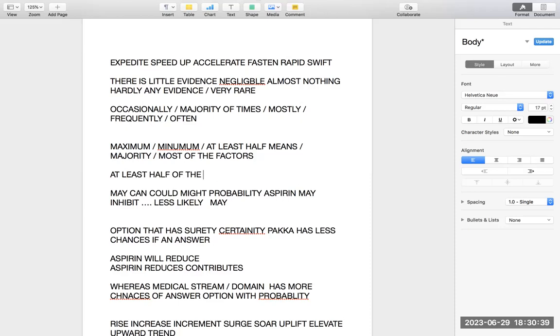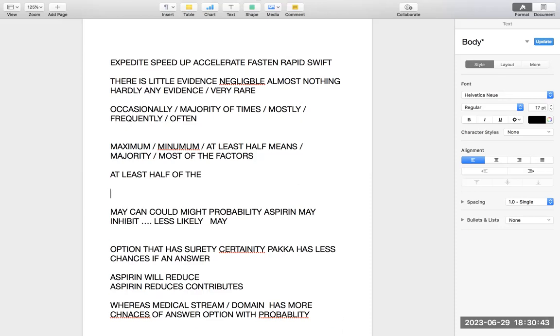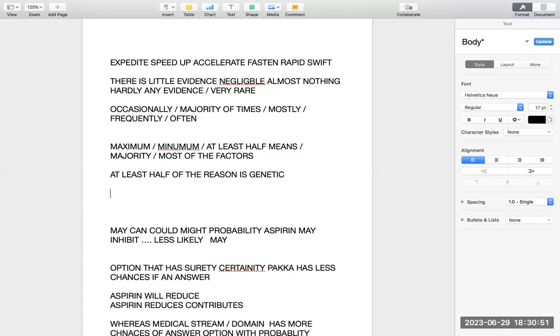The line given was, at least half of the reason is genetic. So at least half of the reason is genetic means at least 50%. At least 50% means minimum 50%. And minimum 50% means it is surely more than 50%.